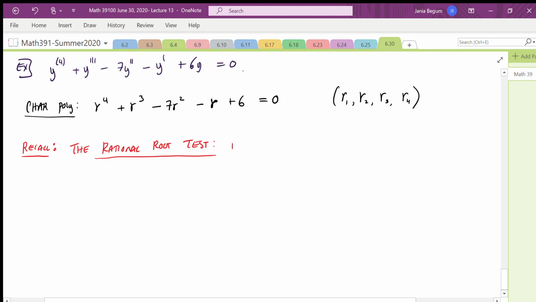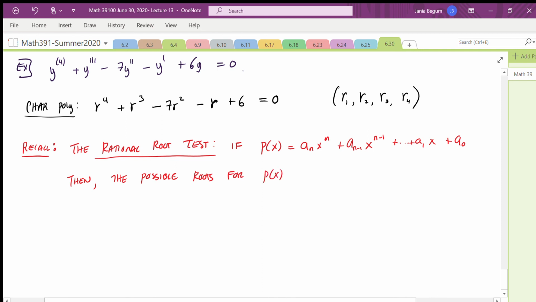So if you have a polynomial p of x, which is equal to a_n x to the n plus a_(n-1) x to the n minus 1, plus all the way up to a_1 x plus a_0, where these coefficients are real numbers, then we say that the possible roots, they're not really roots, they're possible roots, for p of x are as follows.